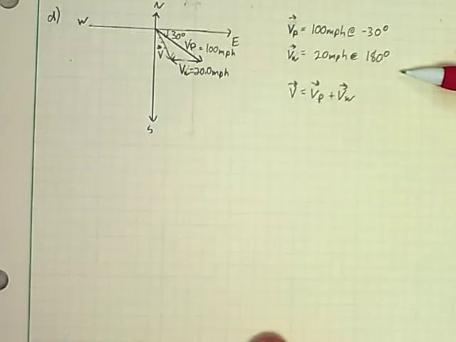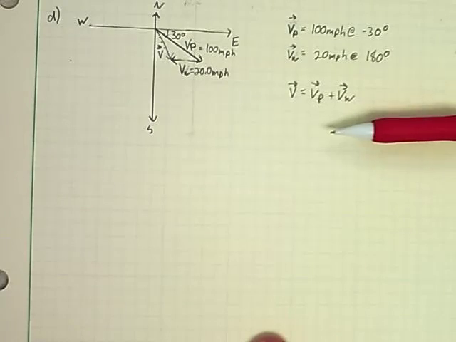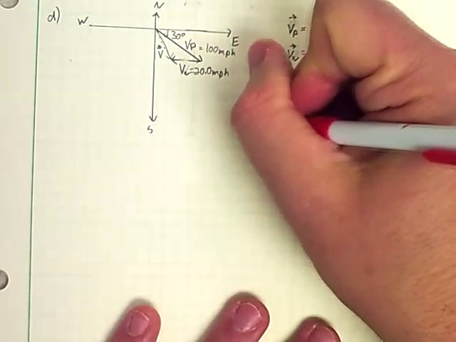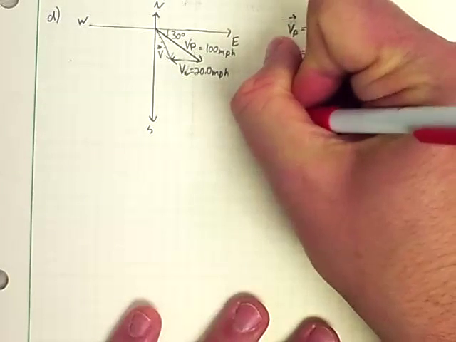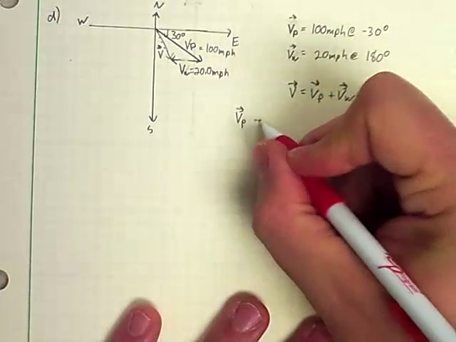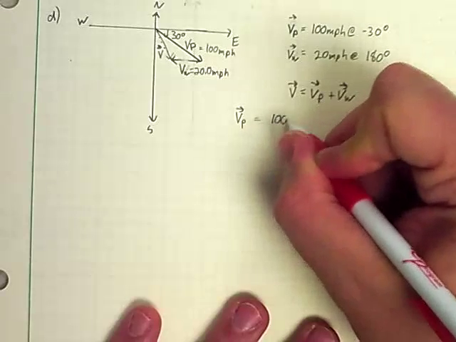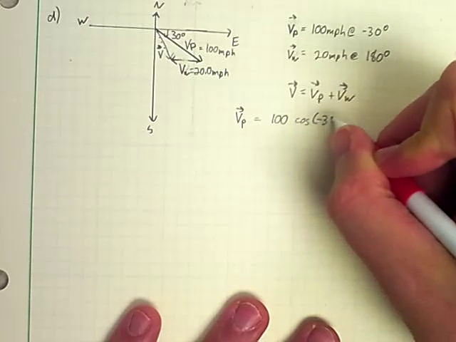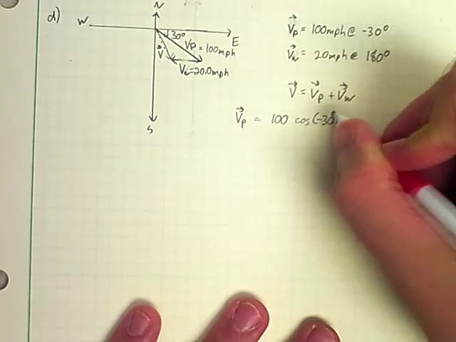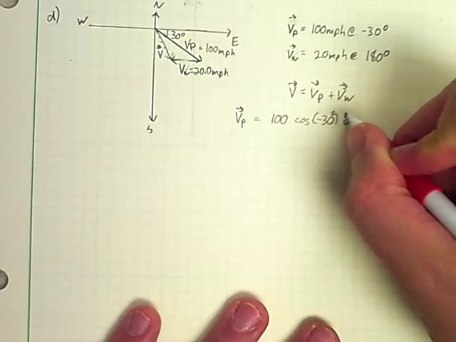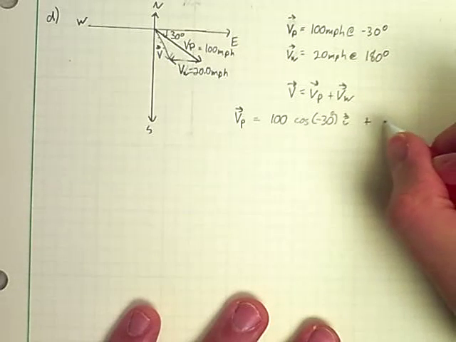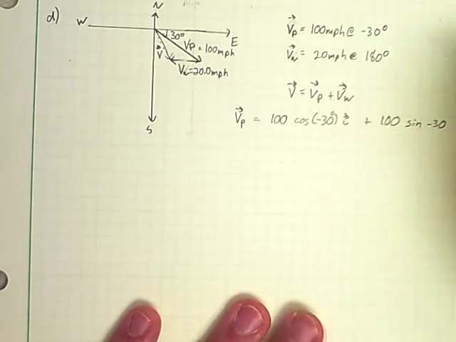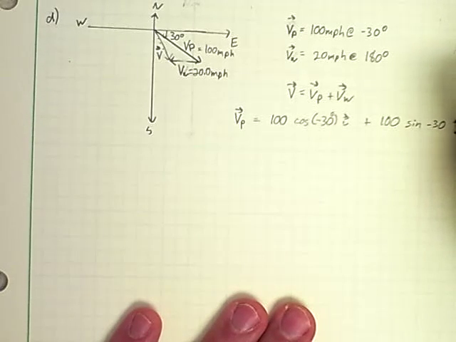Again, we've got them in polar form. We need to get them into vector form so that we can use them more easily. So VP, which is the velocity of the plane, is going to be 100 times the cosine of negative 30 in the I direction, plus 100 times the sine of negative 30 in the J direction.